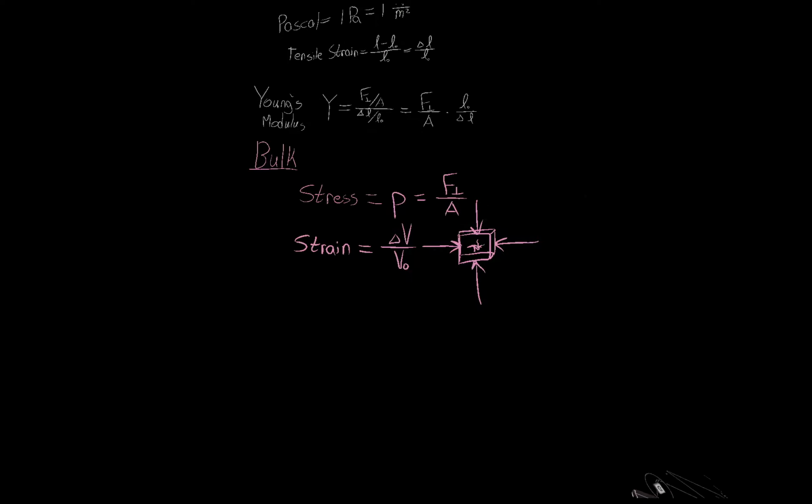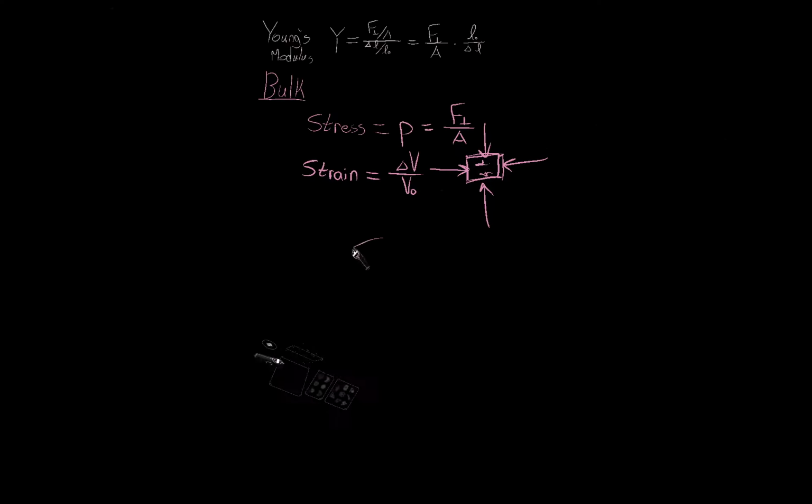And so then the bulk modulus, the proportionality factor that relates the two, is just stress over strain. The bulk modulus, I think it's capital B. Yeah, capital B is equal to minus the change in pressure divided by delta V over V naught. There's a minus sign simply because things are acting in the opposite way. It's crushing the thing instead of stretching the thing.